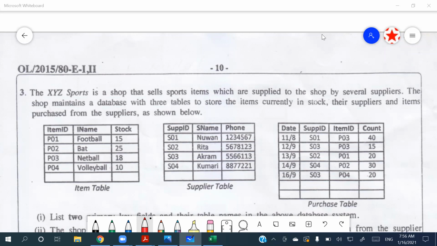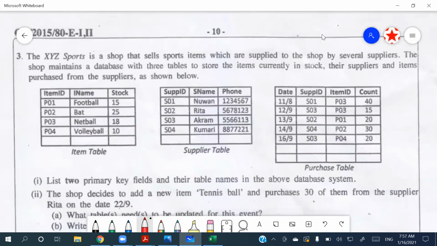Stock එක මොකක්ද කියන එක තමයි item table එකකින් කියන්නේ. So supplier table says who are the suppliers, right? And purchase table talks about what have been purchased from which supplier on which date, right? And how many you have purchased, right? So 3 different tables.